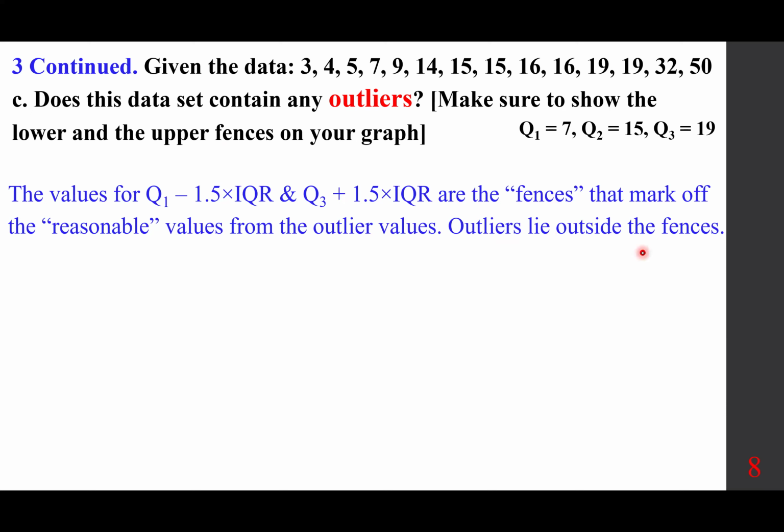So let's calculate IQR. We already have Q sub 1 and Q sub 3. We calculate the difference: 19 minus 7 equals 12 is the IQR. We're going to multiply by 1.5. 12 times 1.5 is 18.